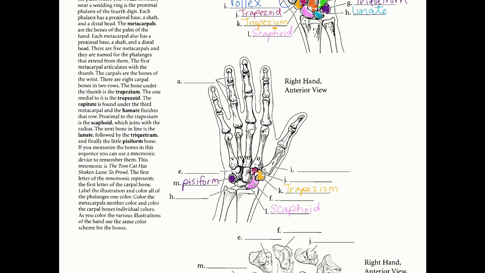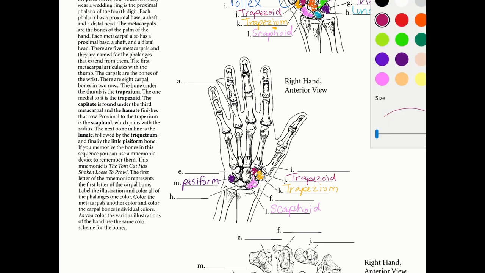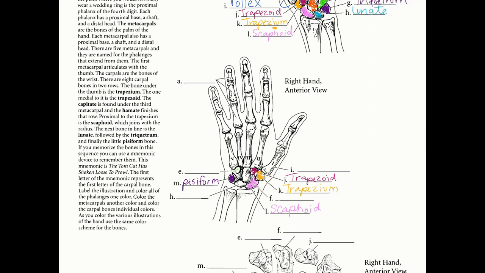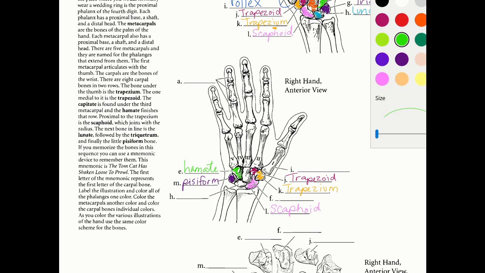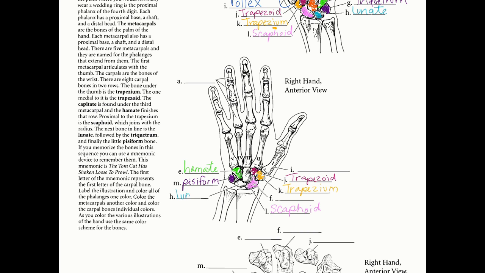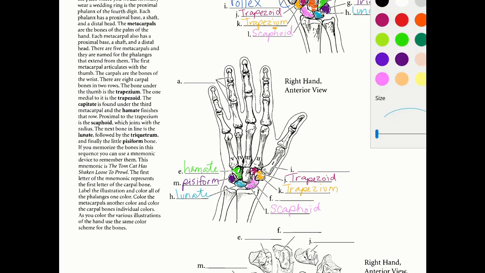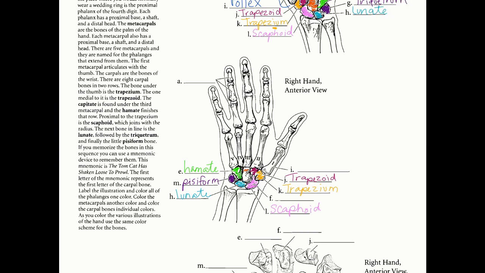The trapezoid is J. Up here is the hamate. We've got the lunate. And then missing one, capitate, right here.